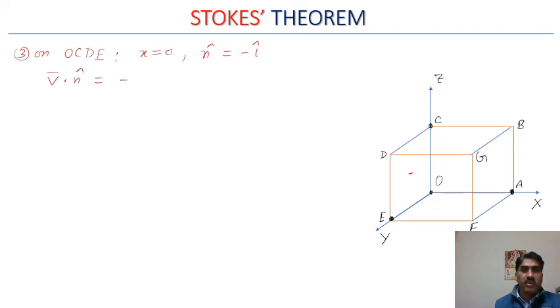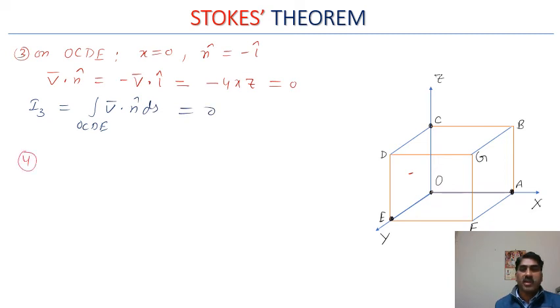V dot n is minus V dot i, because n is minus i, and that is equal to minus 4xz, but x is 0, so this is again 0. So our integral I3 on OCDE of V dot dS is again 0. Now we take the fourth surface, the opposite surface to this, the surface ABGF, and here the value of x is 1.